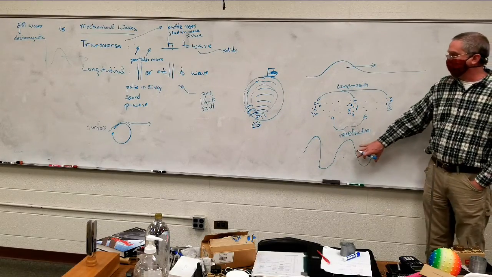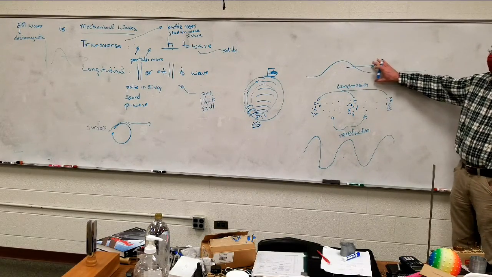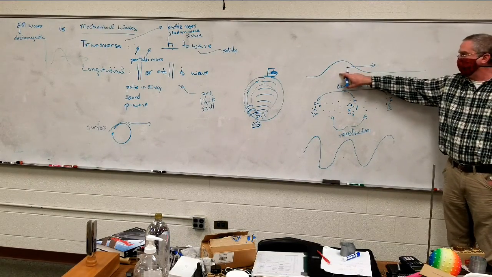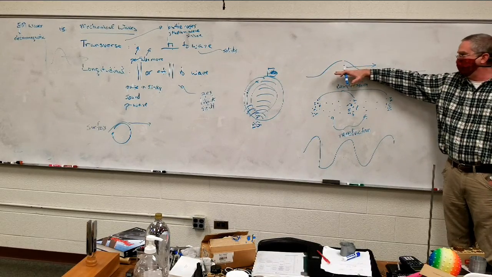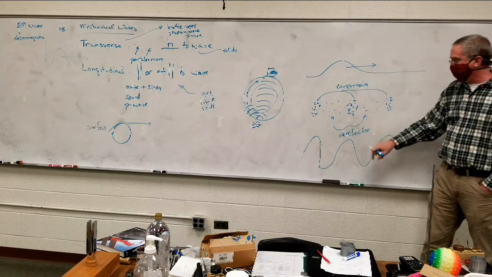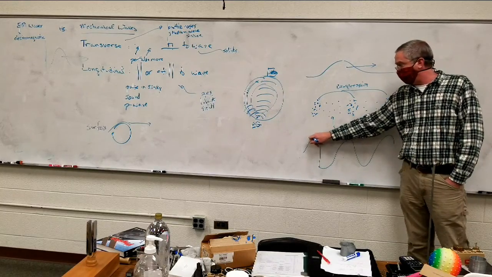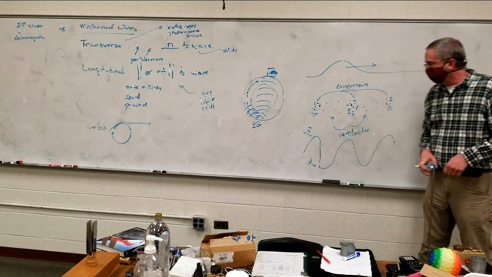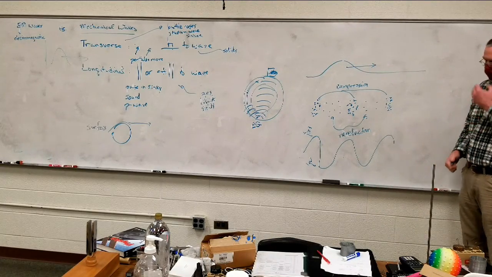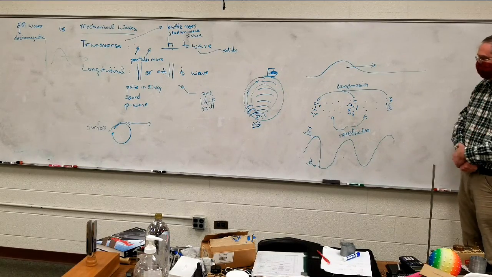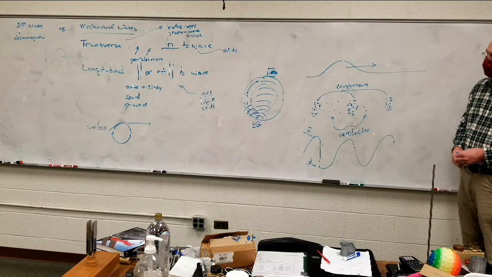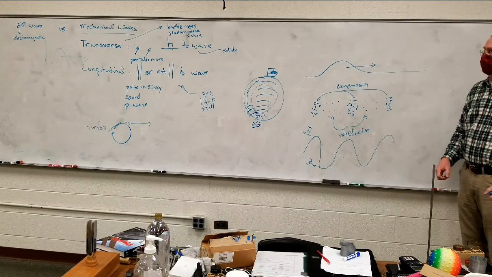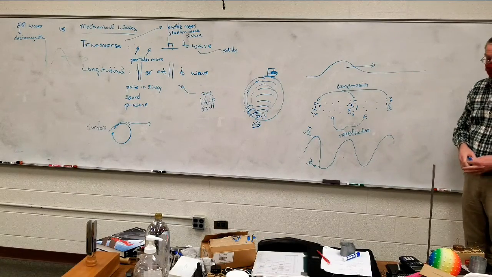So I can represent longitudinal waves in a very similar manner to transverse waves. It's just that the meaning is different. Here, this is physically that I have particles that have been displaced this far off of the middle. And here, in the case of sound, this would represent high pressure and low pressure. So as I talk about waves, I'm typically going to be drawing them like this or this, but it could be referring to a transverse or a longitudinal wave.